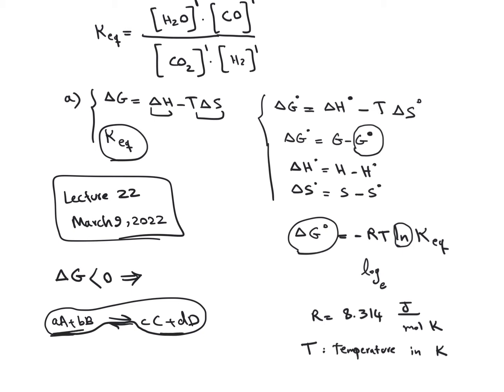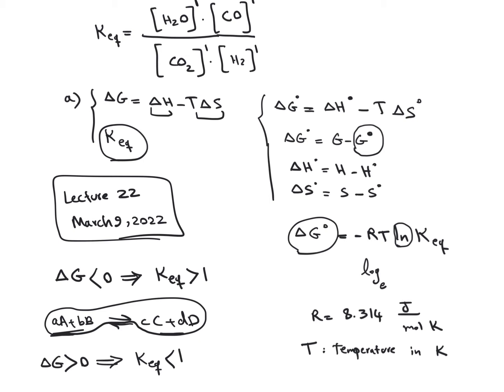Basically, the reaction goes left to right. The equivalent to that was if K equilibrium is greater than 1. And also, if delta G is positive, it means that K equilibrium is less than 1.